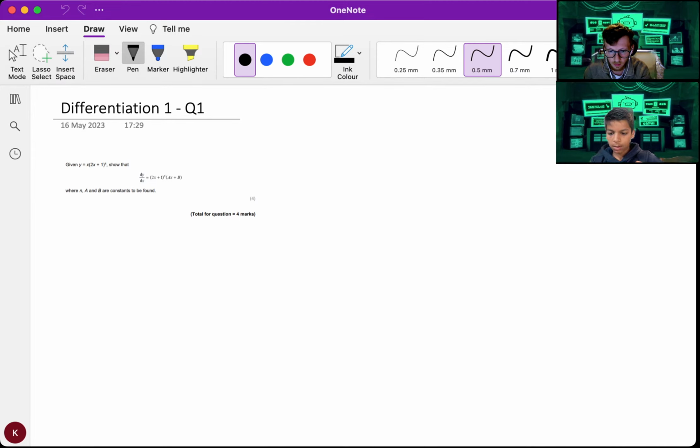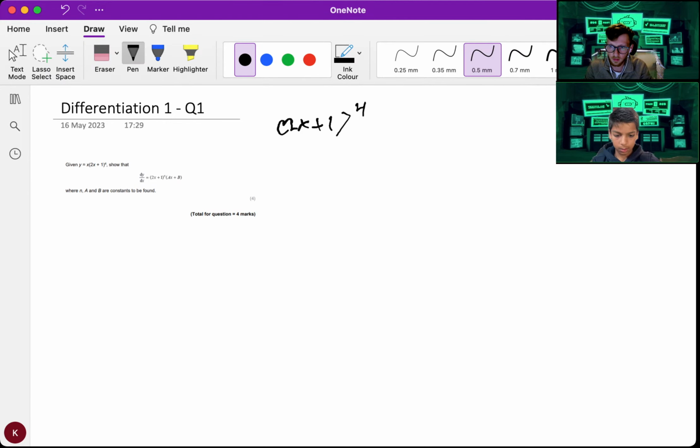So I think this is the chain rule and the product rule, because to find the derivative of (2x plus 1) to the power of 4 we need the chain rule, but we need that multiplied by x, so that's the product rule.